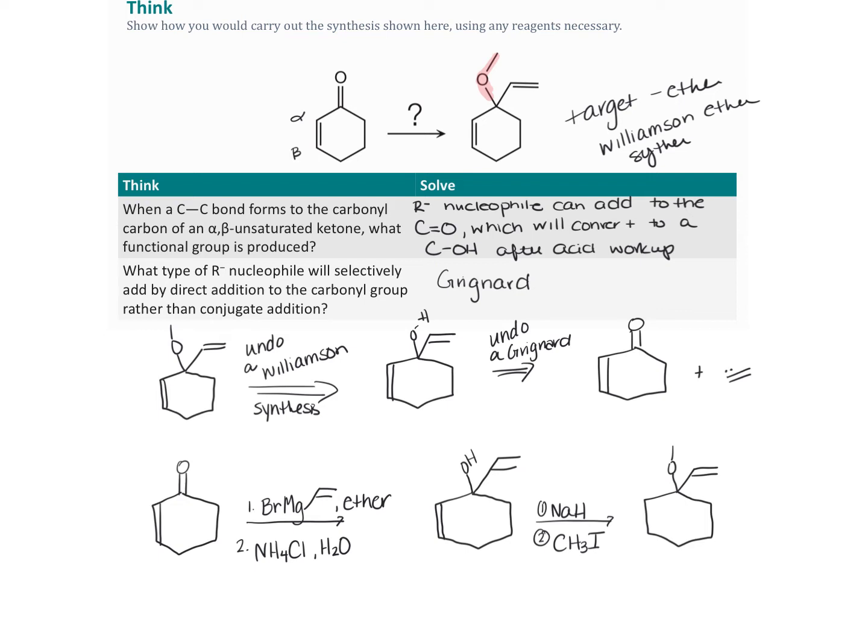So we carried out the Williamson ether synthesis by treating the alcohol with the base. So the sodium hydride really here is acting like a base, right? Followed by the alkyl halide. Okay, and so that's how we could attach that CH3 group right here, right there. Okay, all right.